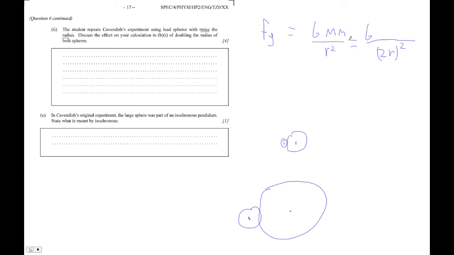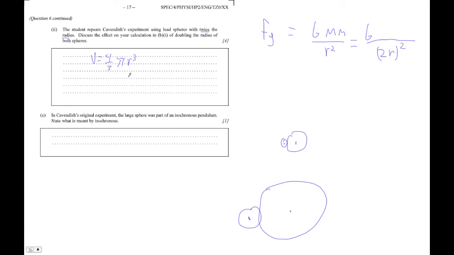And then if you double the radius, the mass is going to be proportional to the size of these spheres, and the volume of a sphere is 4/3 pi r cubed. So the mass is going to be proportional to the volume.